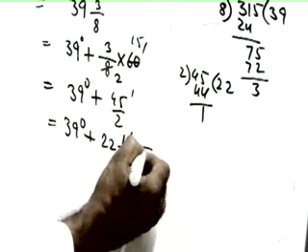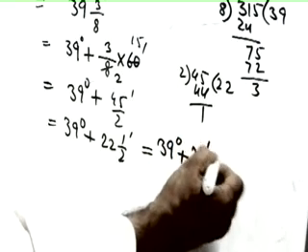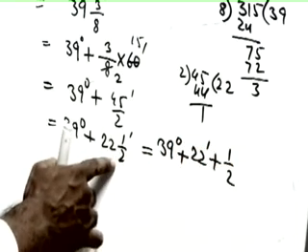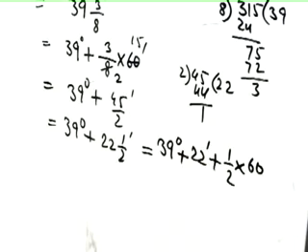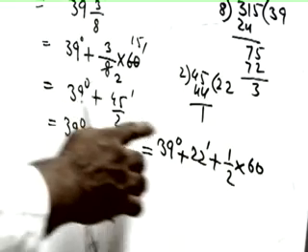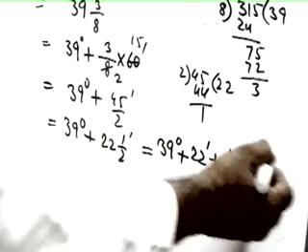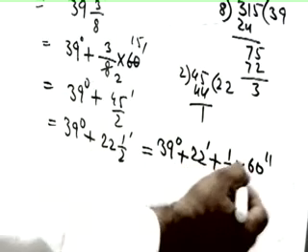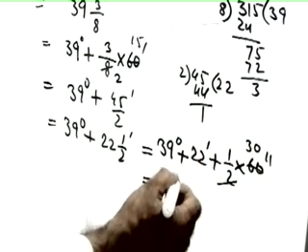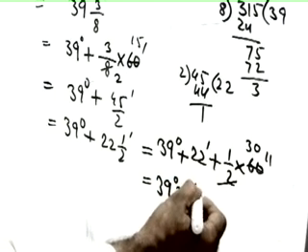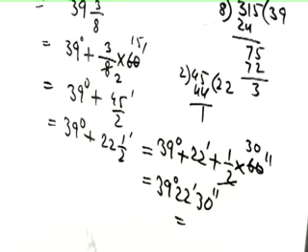Again let me change 22.5 minutes into seconds: 39 degrees plus 22 minutes plus this half minute, let me change into seconds. To change into seconds, we have to multiply with 60. You cancel this, 2 1s are 2, 30. So 39 degrees 22 minutes and 30 seconds is the answer.